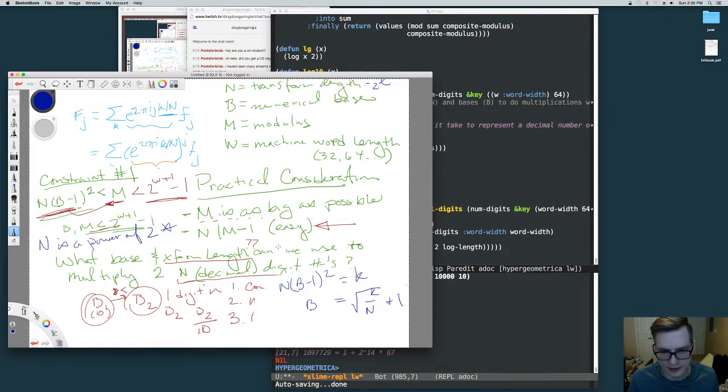But what's our k? Well, k is supposed to be our modulus. So it needs to be something around that, but like we said, we're going to search for things within our word length.